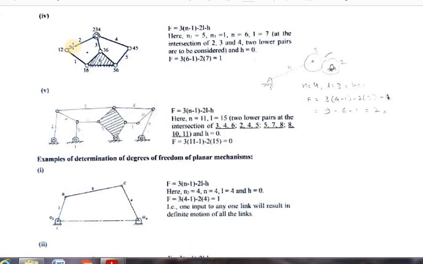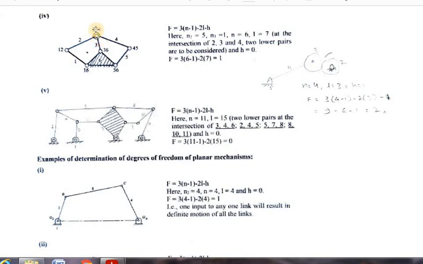This connects 1 and 2, so this is lower pair number 2. Next, this connects links 2, 3 and 4, therefore we need to count 2 lower pairs here.